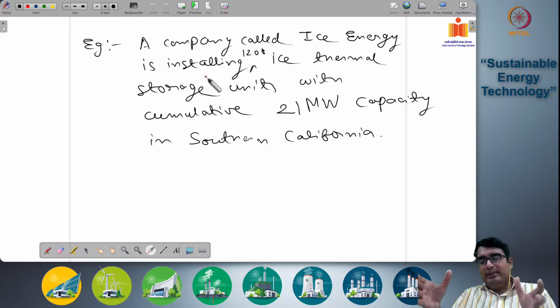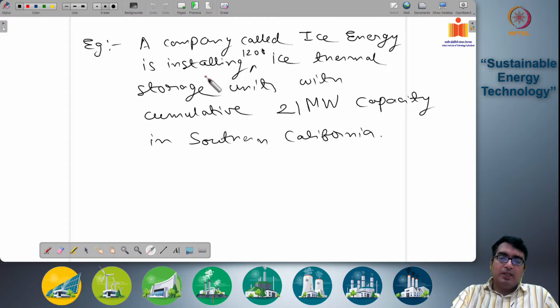So with that discussion of thermal storage, we are kind of coming to an end of the various types of energy storage technologies that we have discussed. We have looked in detail about the various technologies, how they are used, their key advantages and disadvantages.